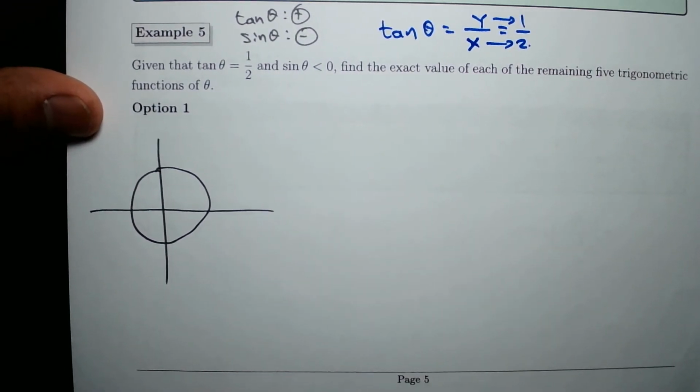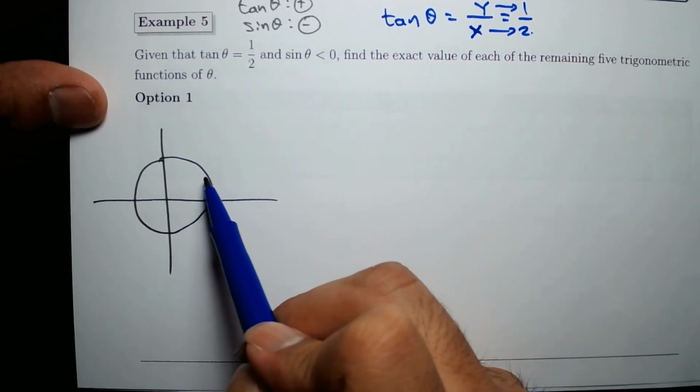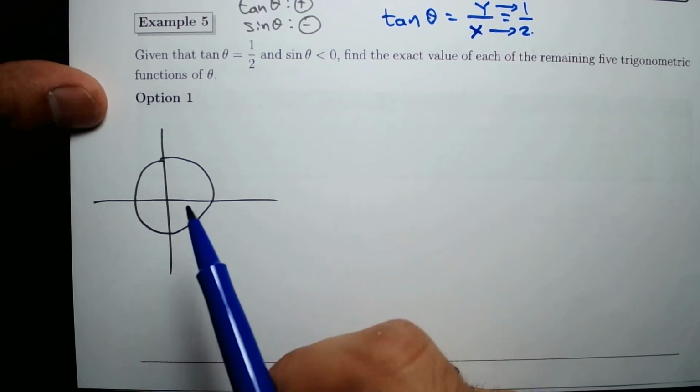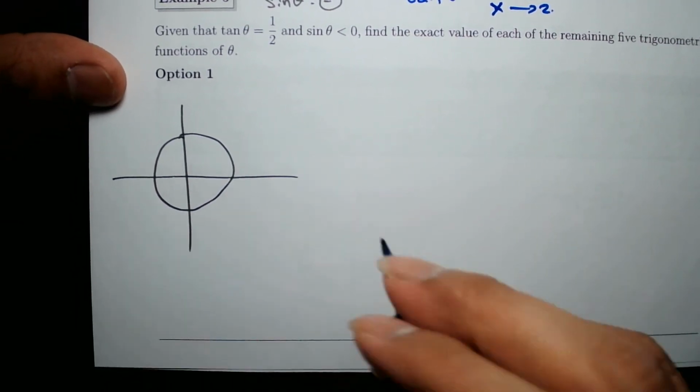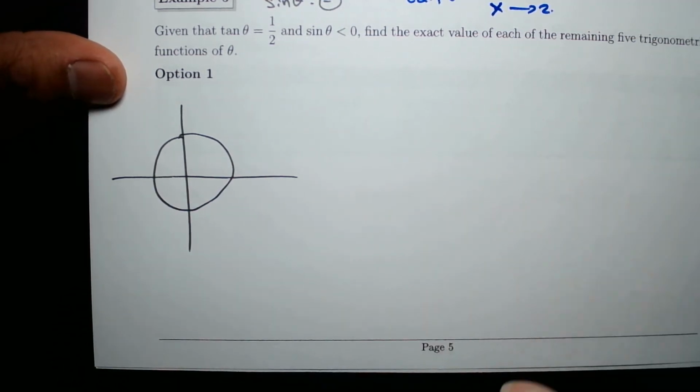However, in this case, we want sine to be negative, so it cannot be in this quadrant. It has to be over here in this quadrant. So in this case, it has to be the other way around.